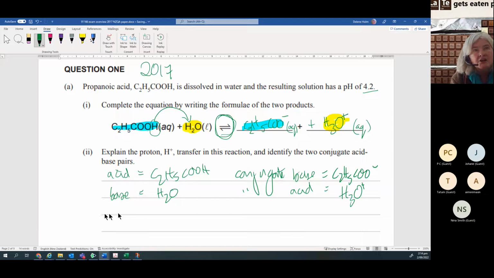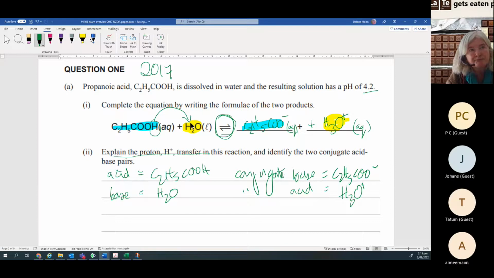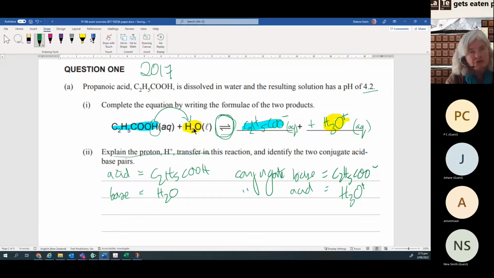Now you would have to say, because you have to explain the proton transfer, I'm not going to write it all out because we're going to run out of time with all my scribbly writing, but you would have to say that the acid is a proton donor and it's donated its proton to the water, which is now a proton acceptor.